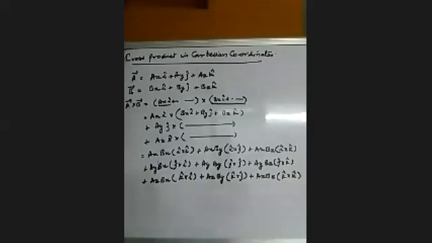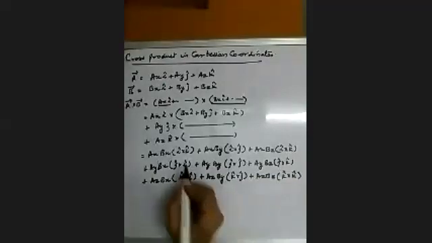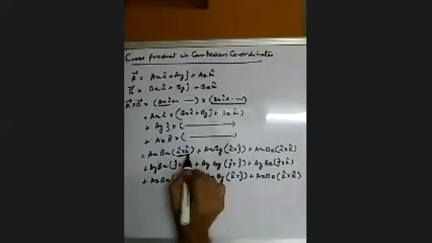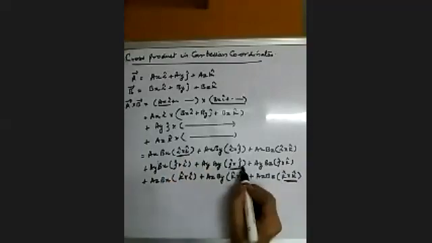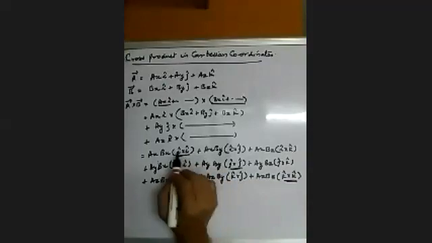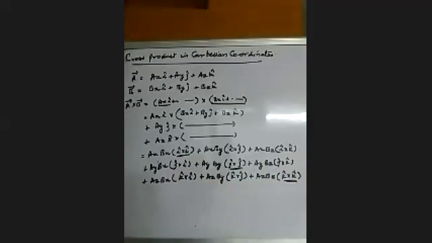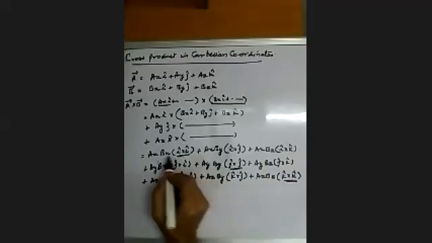Now look at this. This i cap cross i cap, j cap cross j cap, k cap cross k cap. The angle between these unit vectors whose cross product we are trying to find is 0, and when the angle is 0, sin theta is 0. So the value of this is 0.